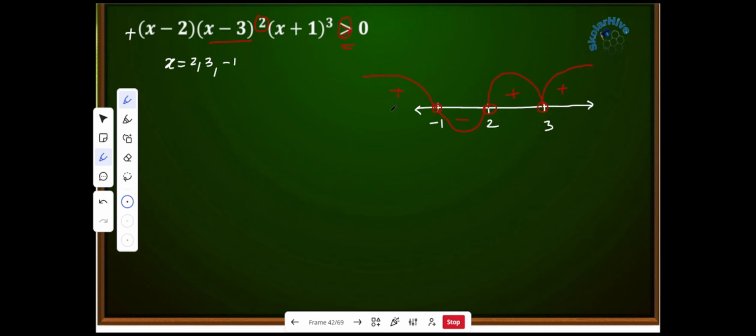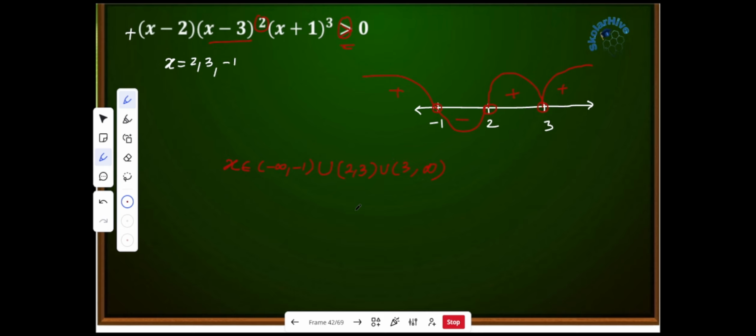So here, less than minus 1 is minus infinity to minus 1. All will be open intervals because none of the points is included. Now the union, then from 2 to 3, union 3 to infinity.